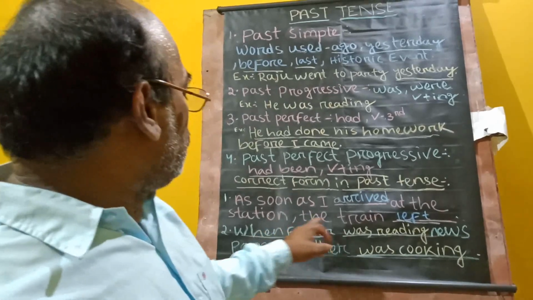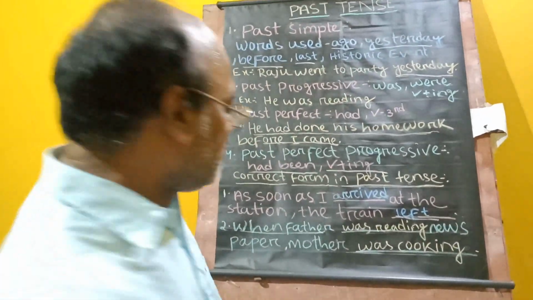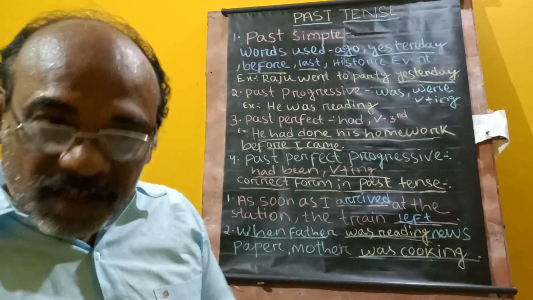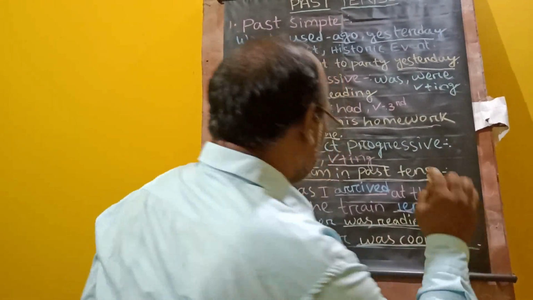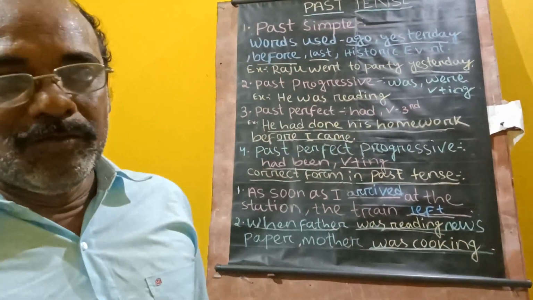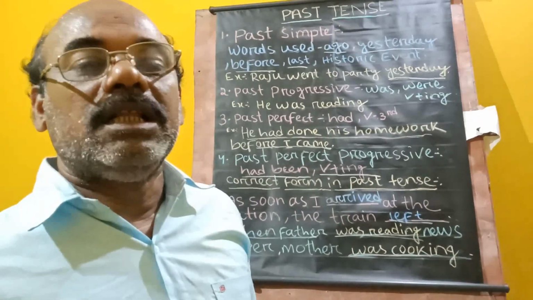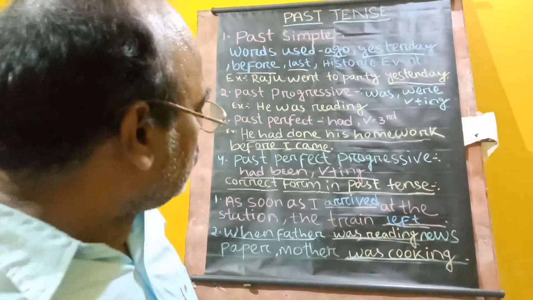The work of the father is continuing, that is reading the newspaper. Meanwhile, the mother's work was continuing, that is cooking. So both will be put in the past progressive form.